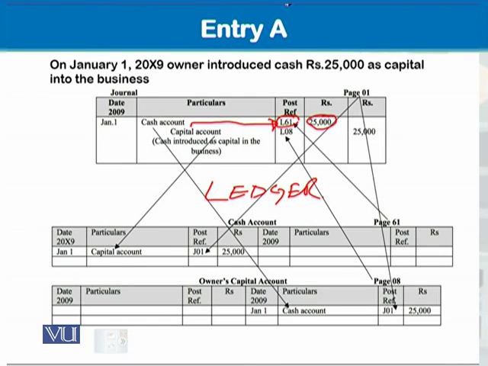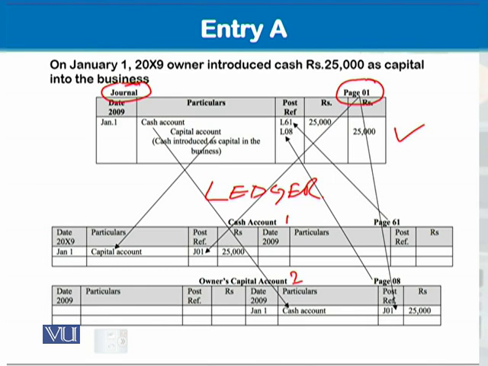where we are posting it. You just observe the arrowheads that we have already drawn. In this accounting entry, this is the journal, at page number 1 of the journal. From this accounting entry, we are posting in two ledger accounts.